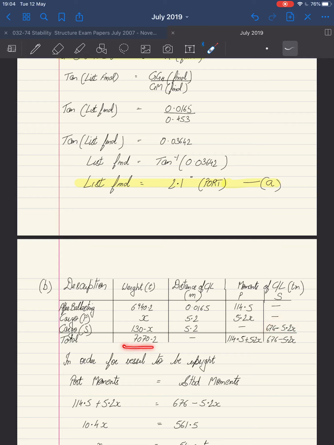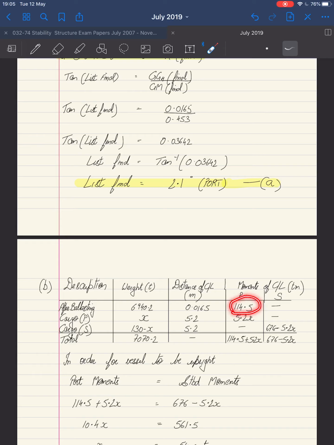So the total weight of the vessel is now the sum of all these values, which is 6940.2 plus x plus 130 minus x. The x and minus x get cancelled out, and we get the numerical value as 7070.2 tons. The sum of all the port moments is 114.5 plus 5.2x.